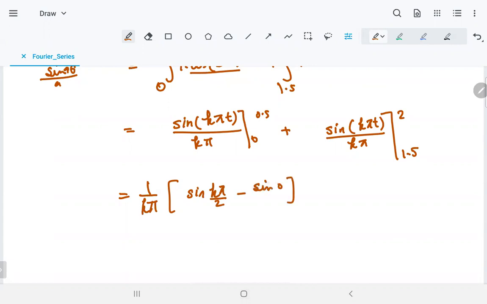That's the first one. The second one, 1 over k pi, sine, I put t equal to 2, so I have sine 2 pi k, minus sine of 1.5 for t, which will be 3 over 2 pi k.